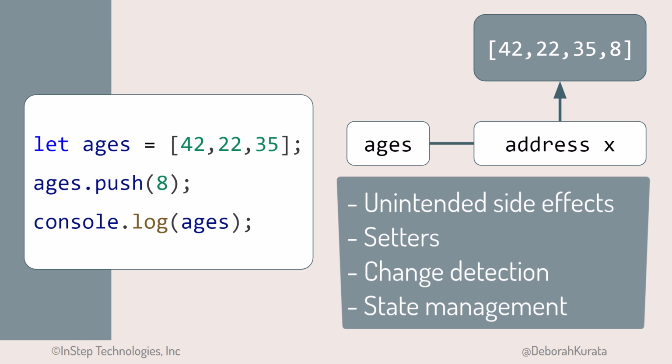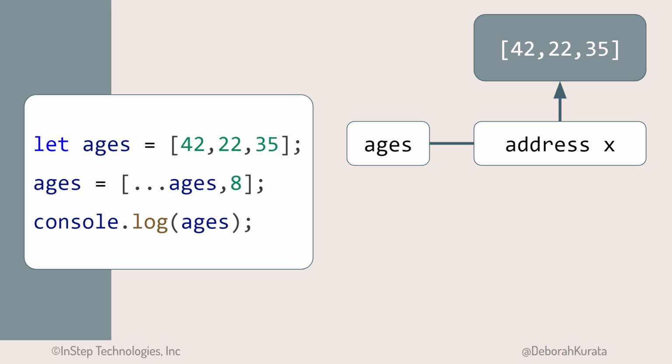To avoid these pitfalls of mutability, we, as JavaScript developers, often use patterns or methods that do not alter the original array, but instead return a new array, thereby embracing immutability. In this example, we start with the same array, but when we add an element, we use the JavaScript spread operator.